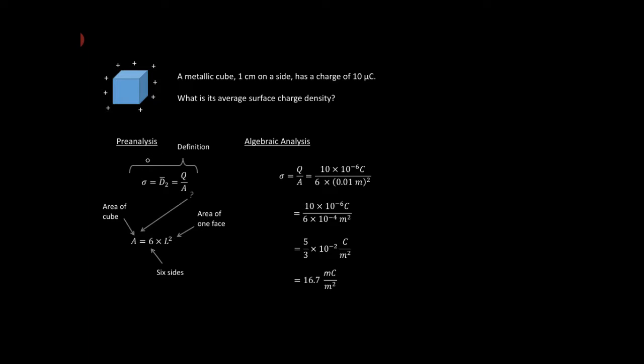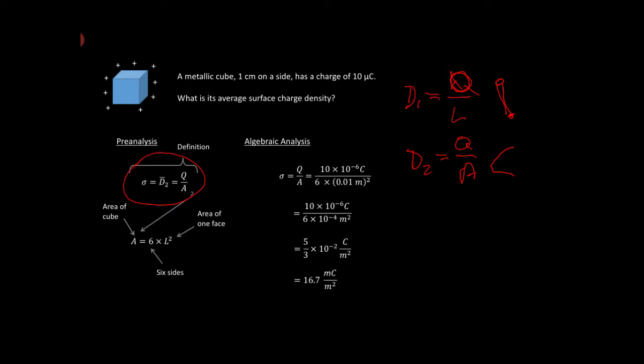So what did we do? Well, first we wrote our definition of the surface charge density, right? So we have various densities. D1 was the line charge over the length, so if you had a wire, you'd get your density for that. D2 would be Q over the area, like we just did there.